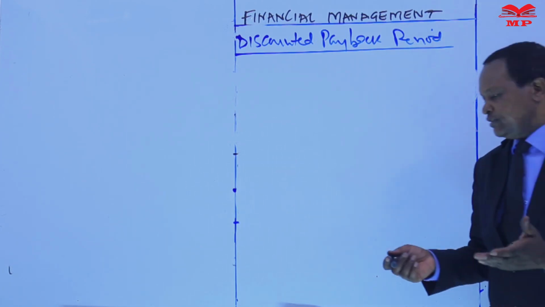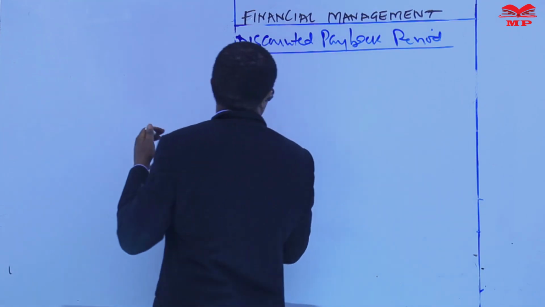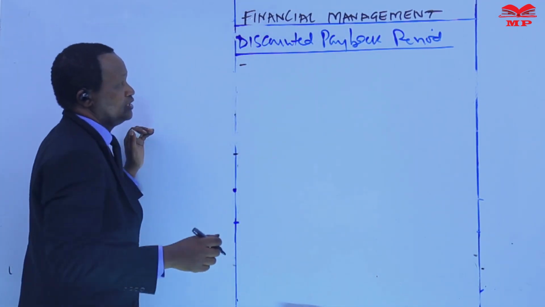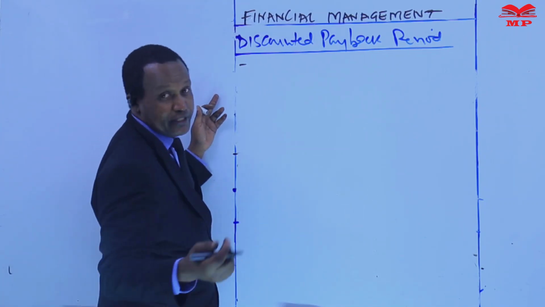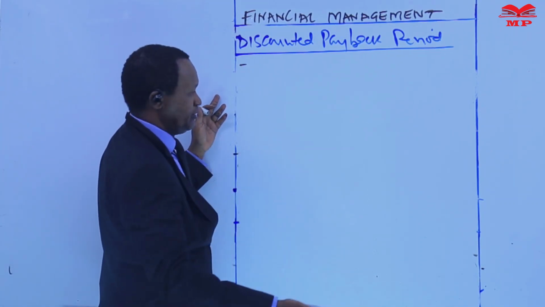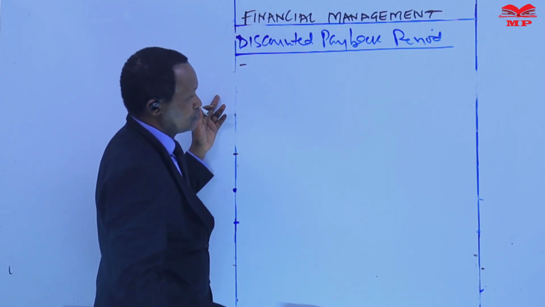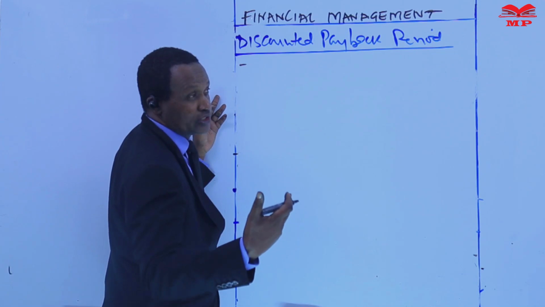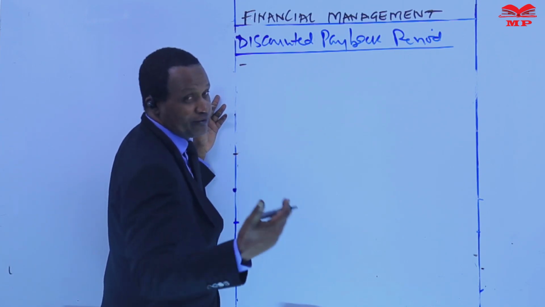So that's the main difference between the discounted payback period and the payback period. It is an improvement over the payback period. One disadvantage of the payback period is that it does not take into account the time value of money.